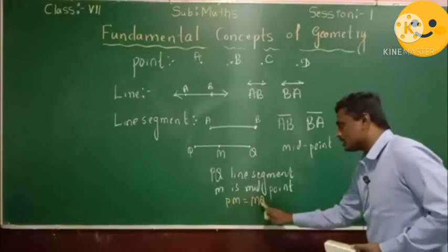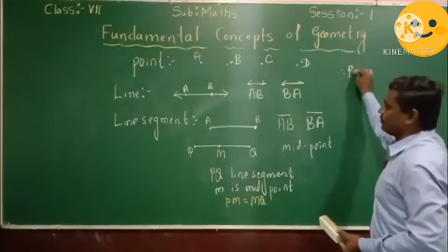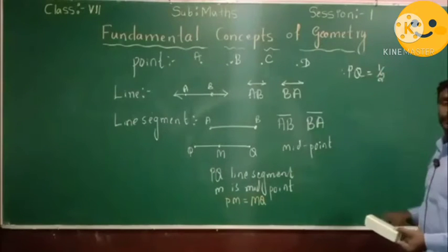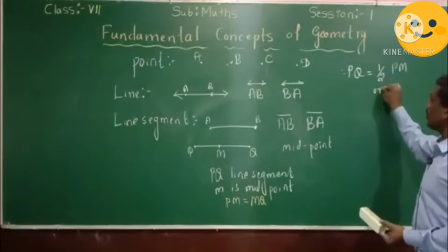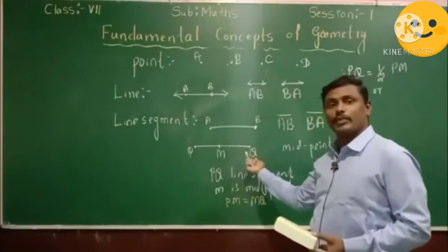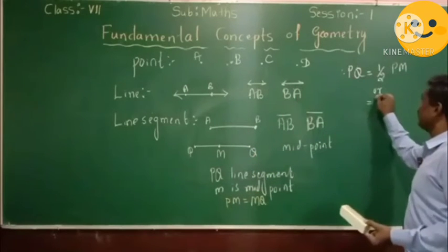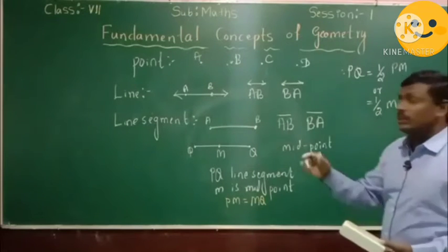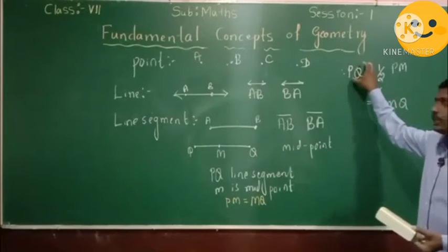Next, if PM is equal to MQ, then PM is equal to half of PQ. PM is the half part of the whole line segment PQ, and the other part is MQ, which is also half of the whole line segment PQ.